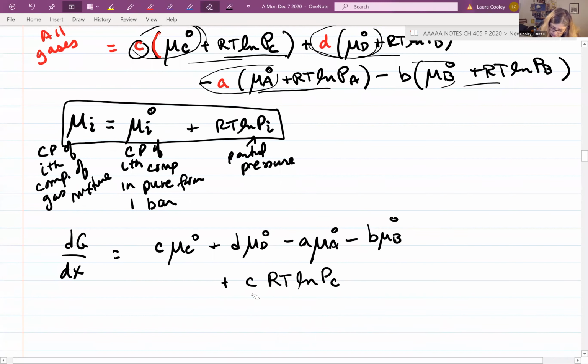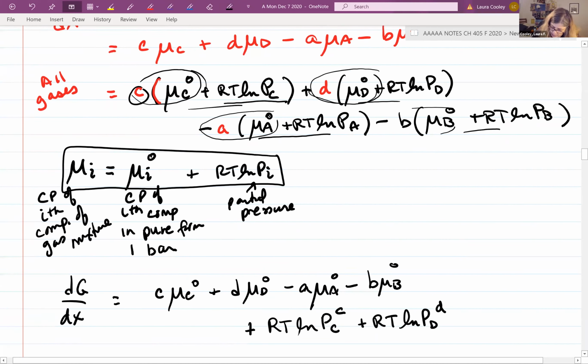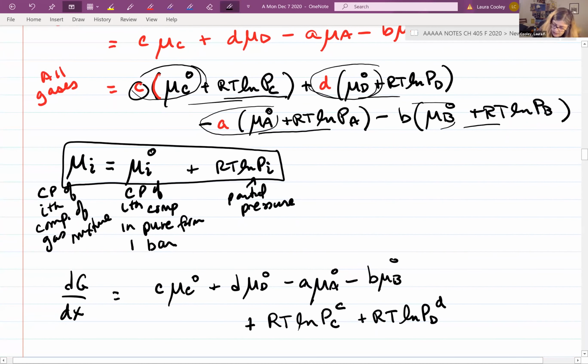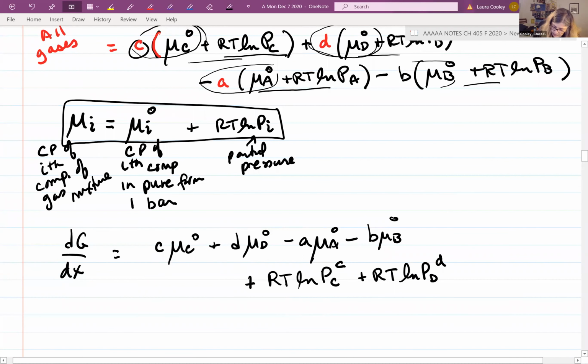But I can actually realize right away that this is RT log PC to the C. The same is going to be true for the D term, and not quite for the A and B, because I have a negative sign here. So minus RT log PA to the A, minus RT log PB to the B.